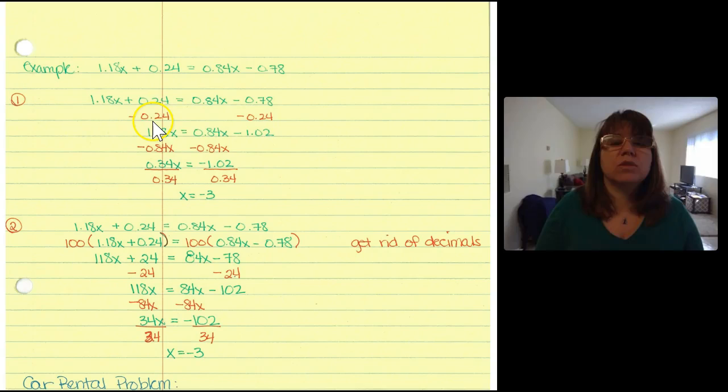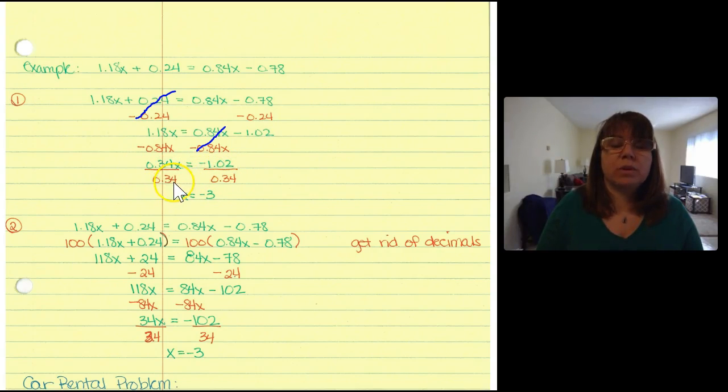So subtract 0.24, subtract 0.24, that goes away, leaving me with 1.18x equals 0.84x minus 1.02. I need all of my variables on one side of the equation, so I'm going to subtract 0.84x from the right, subtract 0.84x on the left, leaving me with 0.34x equals negative 1.02.